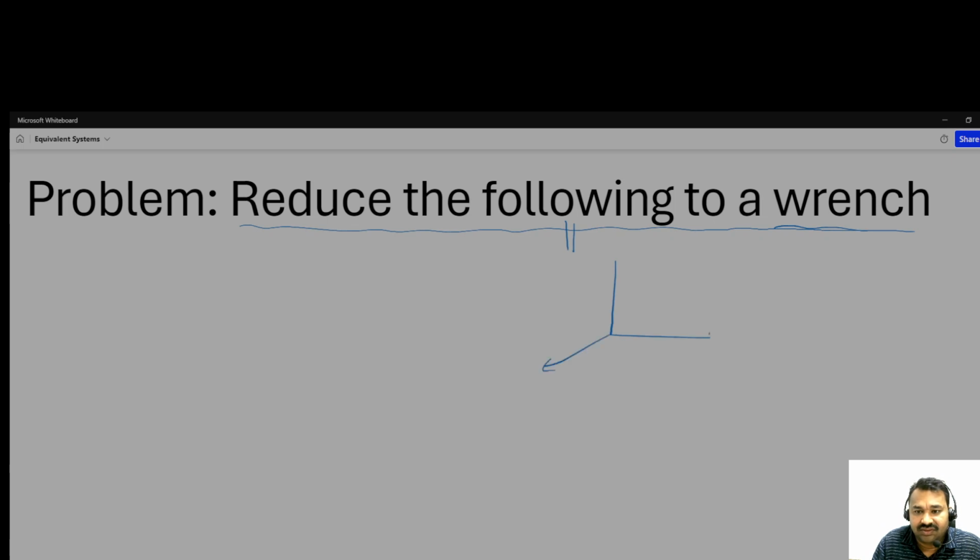The coordinate system. This is the x-axis, y and z. There is a resultant force here and a resultant couple. Okay, so R is the resultant force, and CR is the resultant couple.